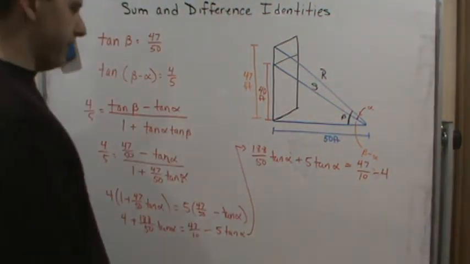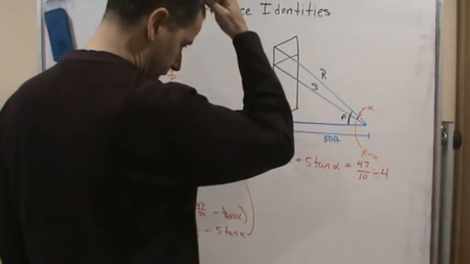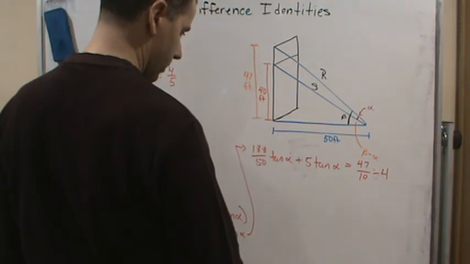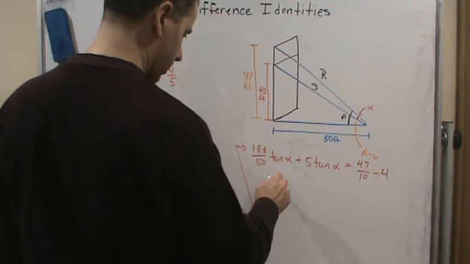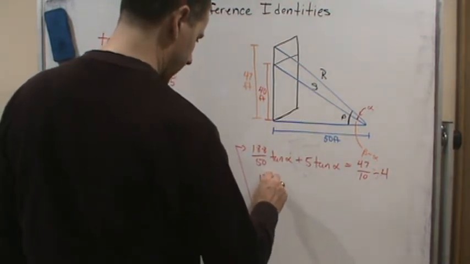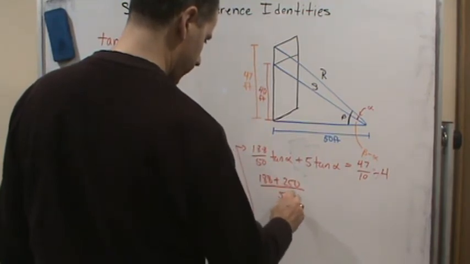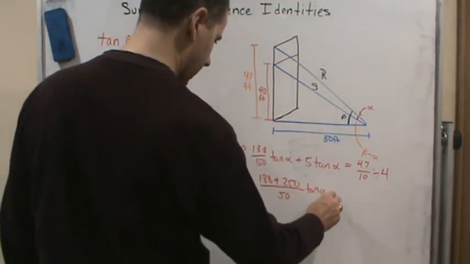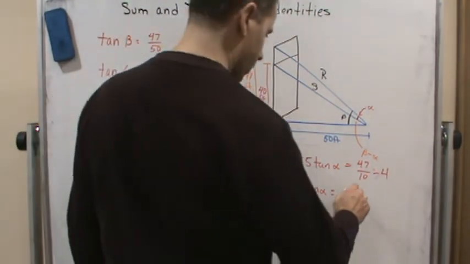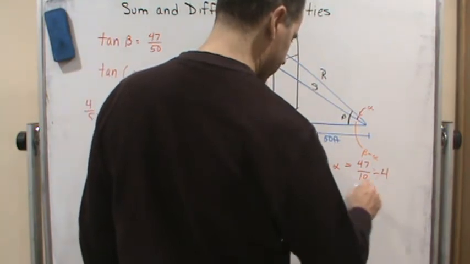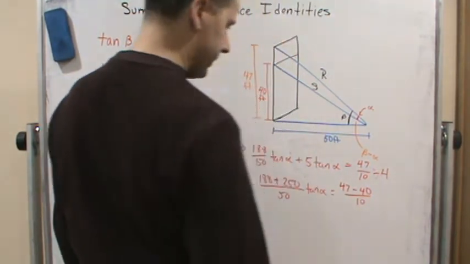Okay, and so now if I add this, so this gives me what? 250/50. So I get 188 plus 250/50 tangent alpha equals 47 minus 40/10.